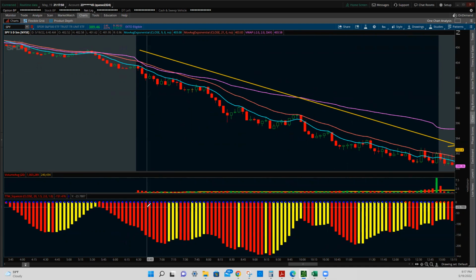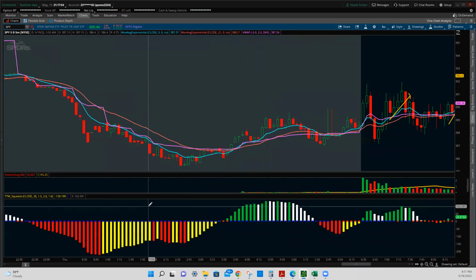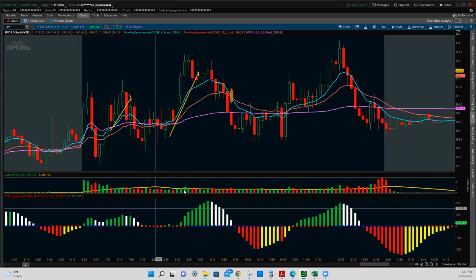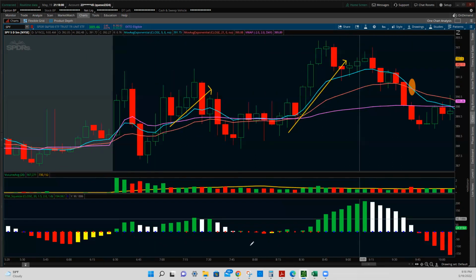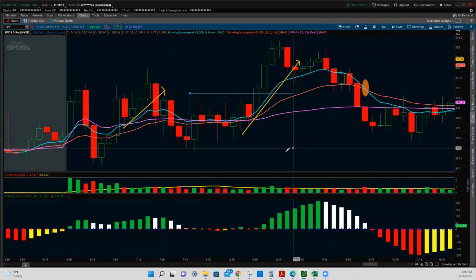Vice versa, when you're looking at the TTM squeeze for bullish momentum, here's a prime example. You see these dots on this histogram are red, which means the stock was pretty much consolidating, let's say from here to here.